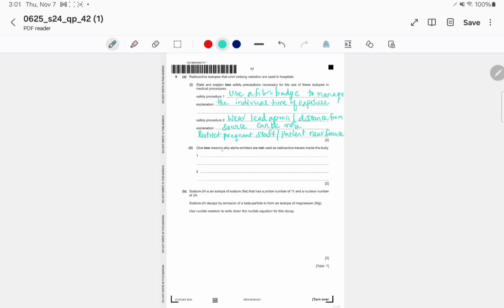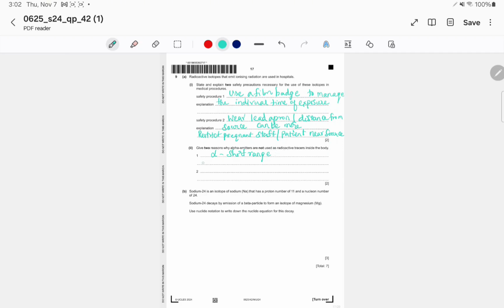Next one, give 2 reasons why alpha emitters are not used as radioactive tracers inside the body. One thing, alpha emitters have limited penetration power, because alpha has short range. They can be easily stopped by a few centimeters of skin.